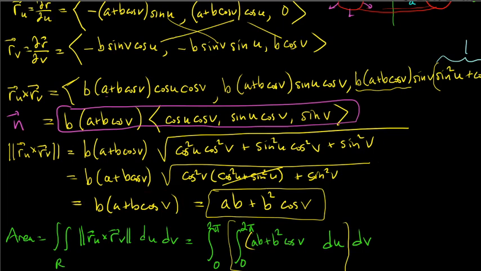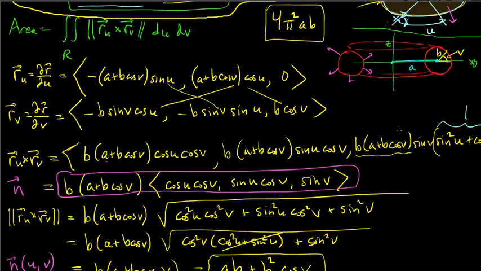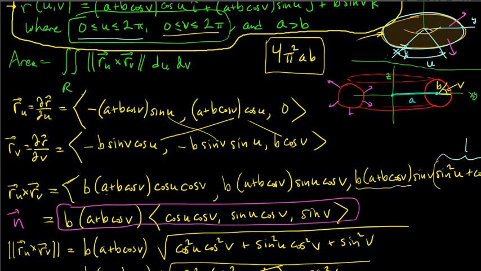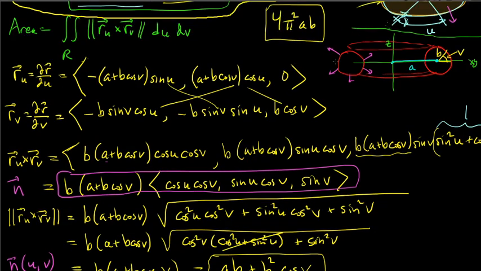So n will generally depend on u and v. In this case, it doesn't depend on u, but it does depend on v. So the magnitudes of these vectors will vary, of course. Let me see. When v is 0, you get the maximum magnitude, I think. So pointing out this way, and then as you go up, it's less, right? So something like that.